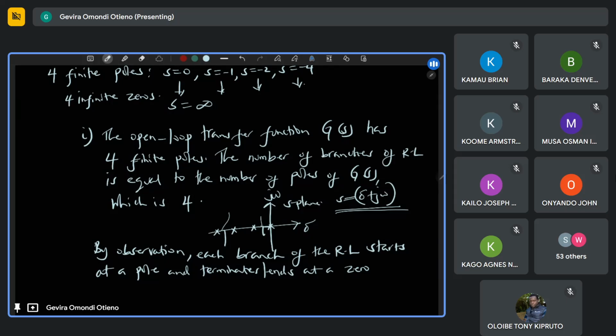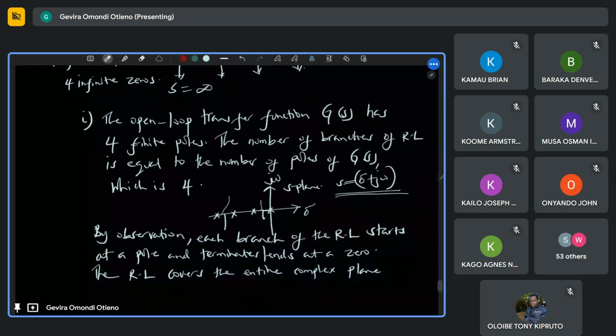So in our case here, the root locus covers the entire complex plane, except for the region to the right of the poles.